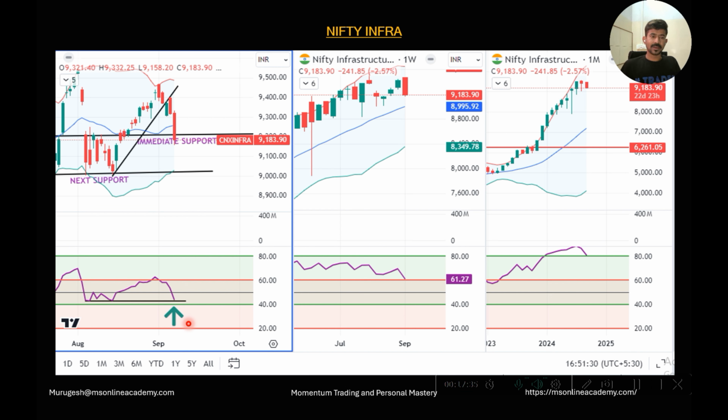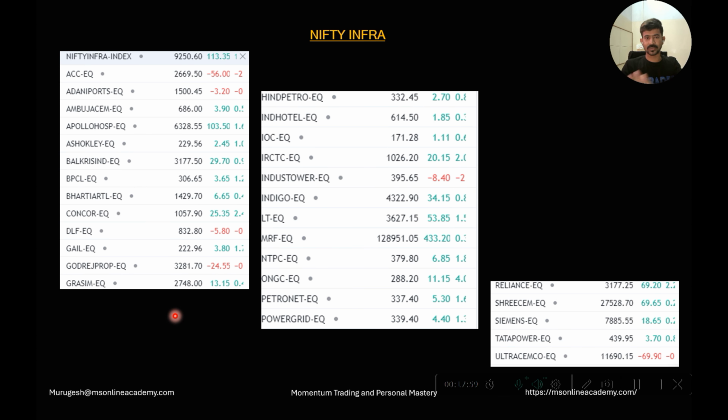But there will be a slow movement in the daily, even if it takes support and goes above. For investment, though, this is the best area to add quantity to our portfolio. These are the stocks from the infrastructure, Nifty Infra.